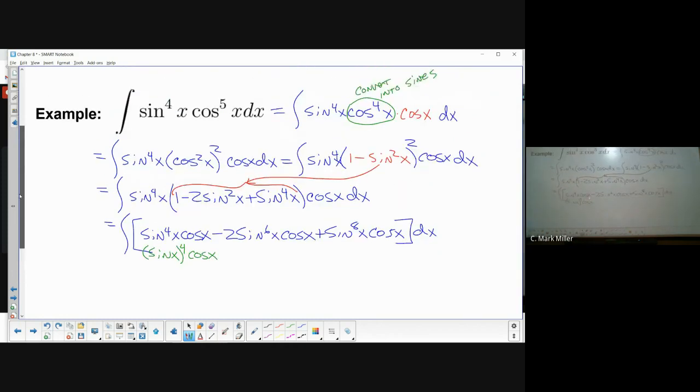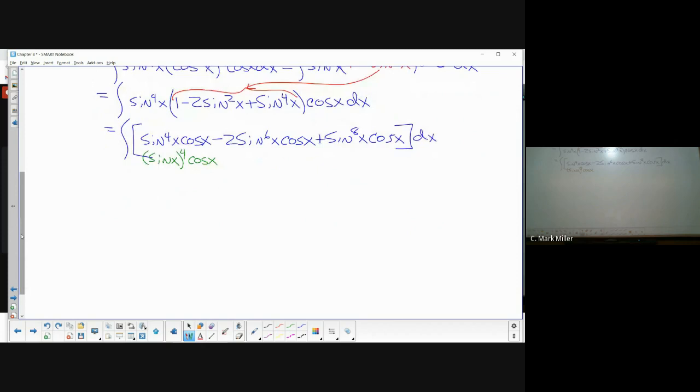Now, I'm not going to use so many steps in the future. I'm going to save you tons of money on ballpoint pens, because we're going to save some writing. So this is going to be sine to the fifth over 5. Period. That's a sine to a power times its derivative. I have an extra 2 on this one, so this is going to be a minus sine to the 7th power divided by 7.